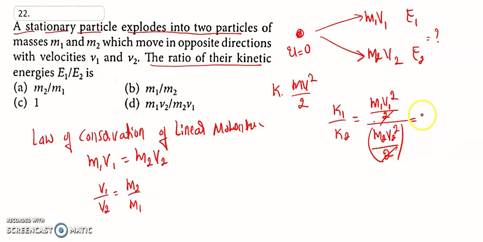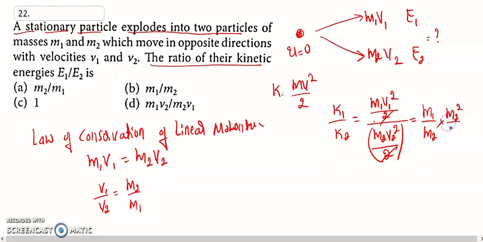So this becomes m1 by m2 into v1 square by v2 square. That becomes v2 square m2 square divided by m1 square. And then from this one, v1 by v2, v1 square by v2 square.